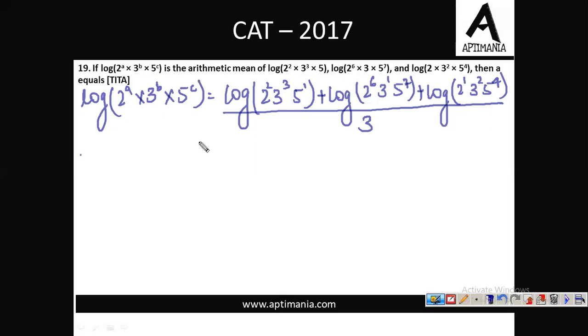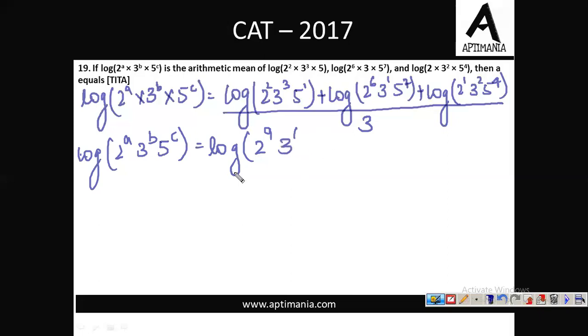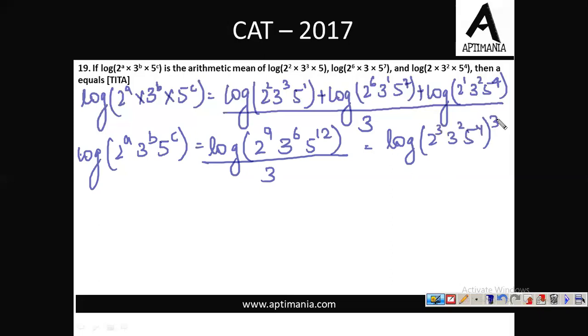So on solving, we'll have log 2 power a, 3 power b, 5 power c is equal to, applying the property of log a plus log b equals log a into b, log 2 power 2 plus 2 power 6 and 2 power 1 adds up to 2 power 9, 3 power 3 plus 1 plus 2 adds up to 3 power 6, and this will be 1 plus 7 plus 4, it's 5 power 12, divided by 3, which further can be written as log of 2 cube 3 square 5 power 4 whole cube divided by 3.